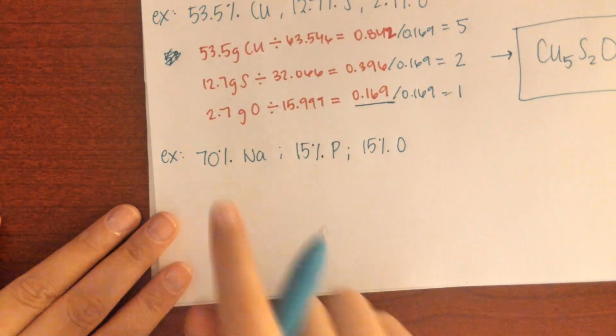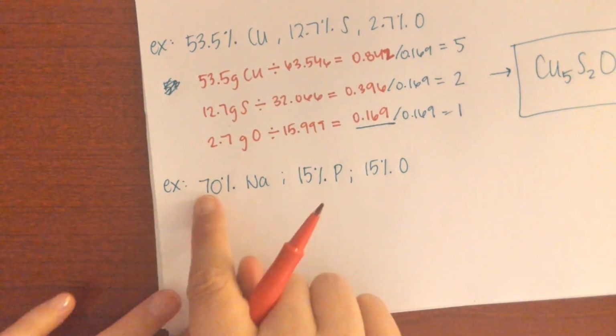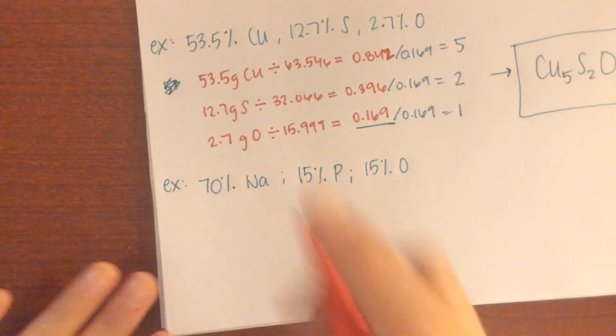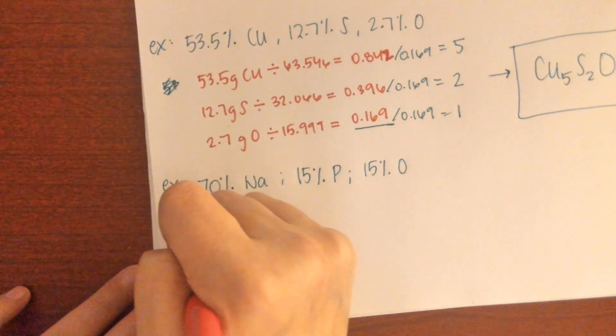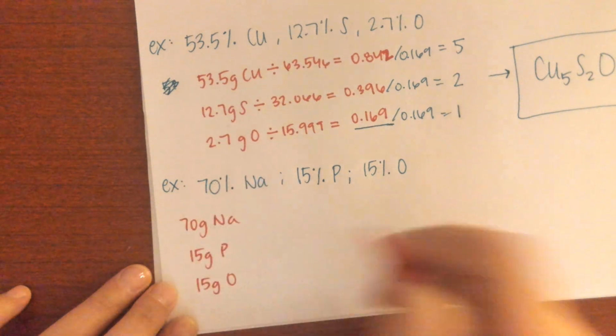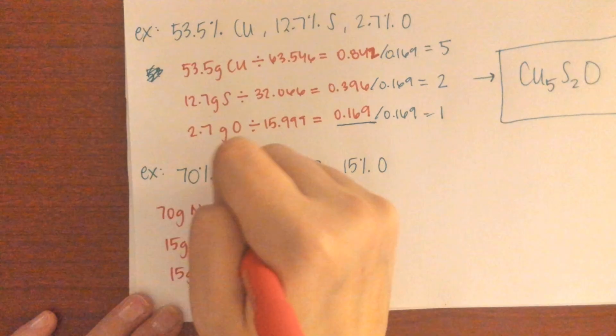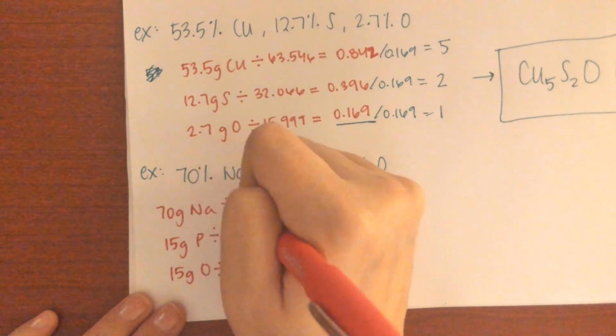Alright, so we've got percent to mass: 70 grams Na, 15 grams P, 15 grams O. Divide each of these by its molar mass from the periodic table.